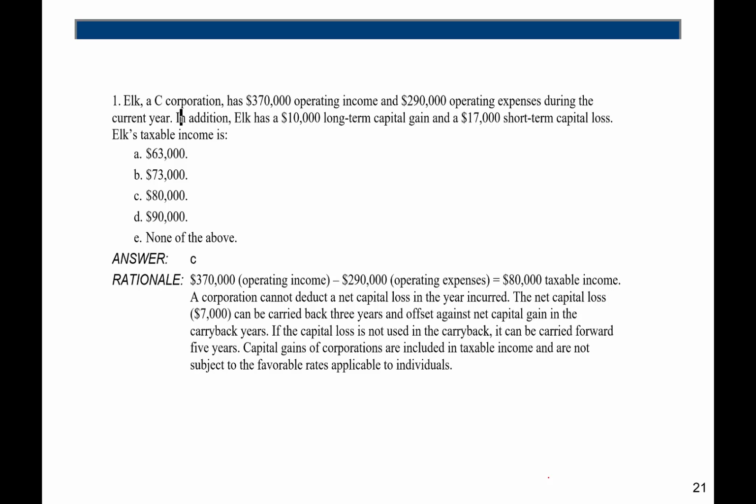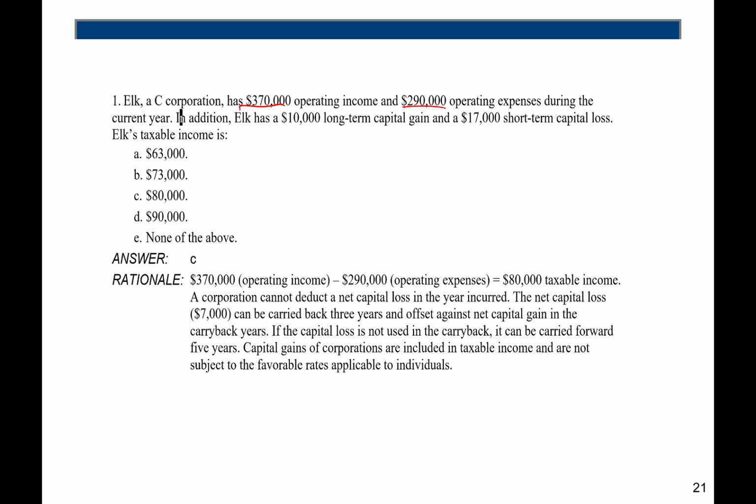So this is a little annoying. This should be called revenue, but they called it operating income. So we have revenue of $370,000, expenses of $290,000, and then they have this $10,000 long-term capital gain and a $17,000 short-term capital loss.